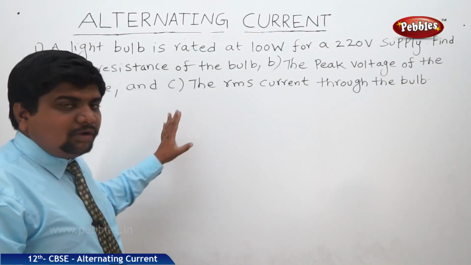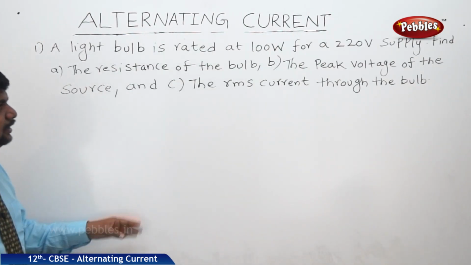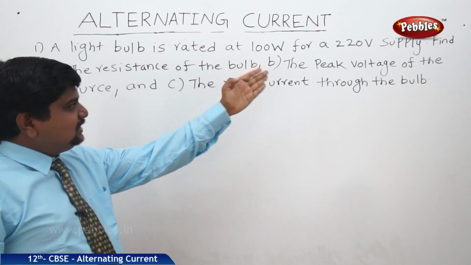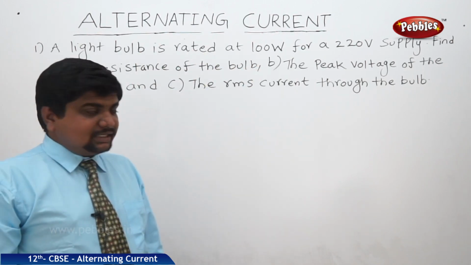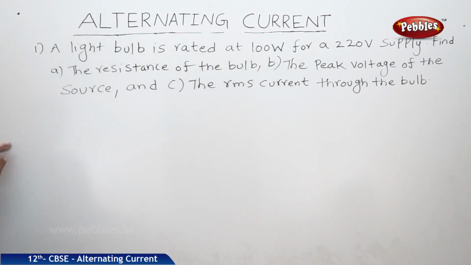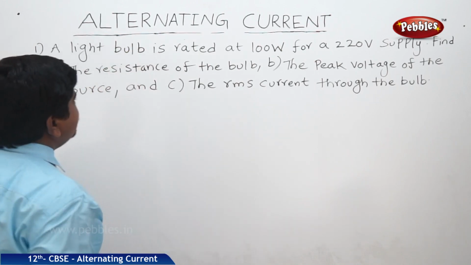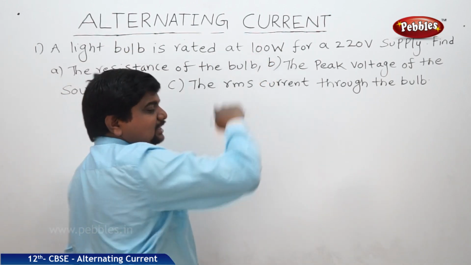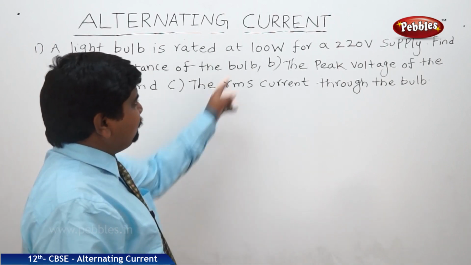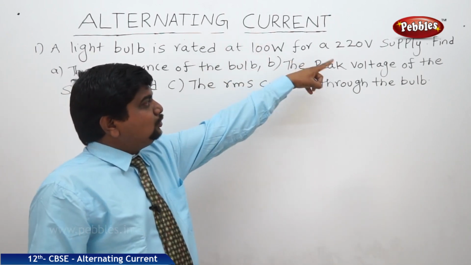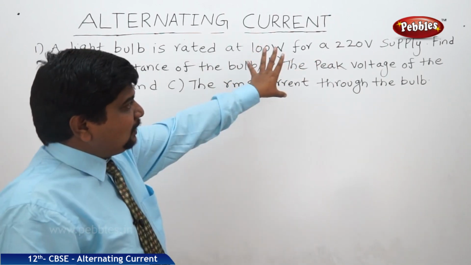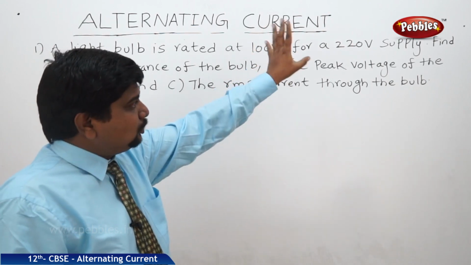Now, we will see one problem which is related to the power consumption, resistance, peak voltage and RMS current. See, the problem statement is like this. A light bulb is rated 100 watts, meaning the power consumption by the bulb is 100 watts for a 220 volts supply. The voltage supplied to the bulb is 220 volts.